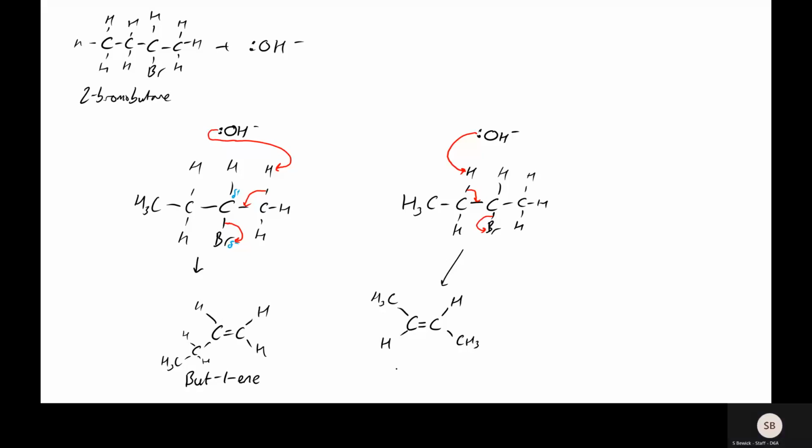So what we've got here is but-2-ene. But it doesn't end there. If you look at the two carbons either side of the double bond, both of those carbons are attached to two different groups. And that means it can show a form of geometric isomerism, cis-trans or E/Z isomers.